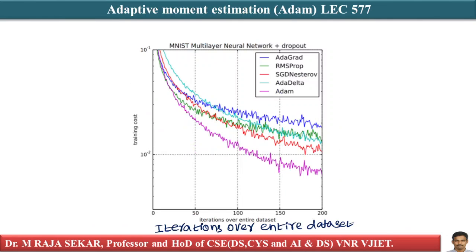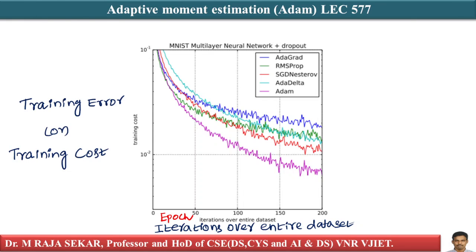On the x-axis I have iterations over the entire data set, which is your epoch. On the y-axis is the training cost, or you can think of it as training error. The purple line that you are seeing here corresponds to Adam, which means I did 50 epochs.